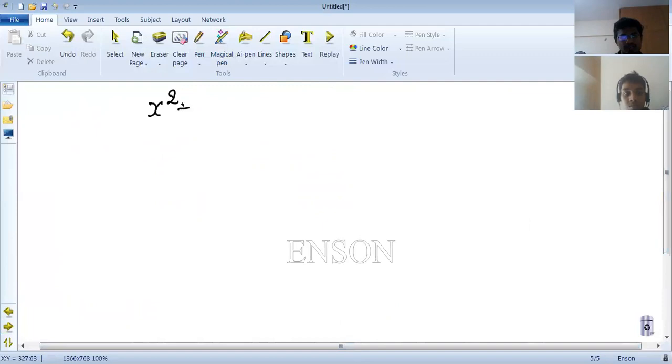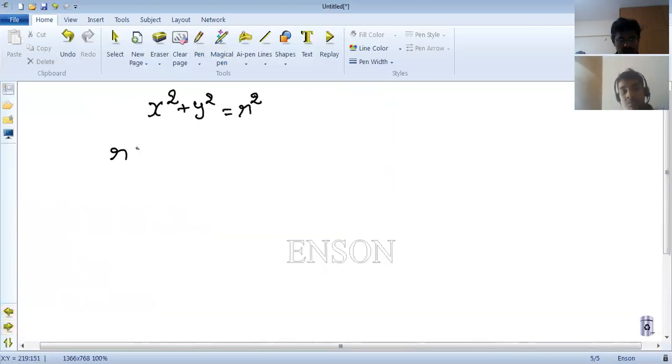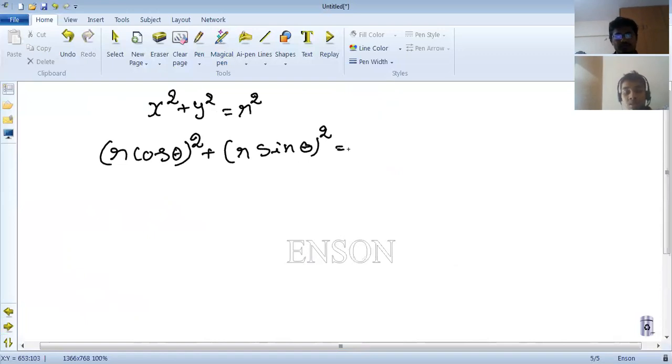We know the formula x squared plus y squared is equal to r squared. Now what is the x value from this one? x is equal to r cosine theta, and y value is r sin theta. r sin theta whole squared is equal to r squared. So a into b whole squared is a squared b squared.